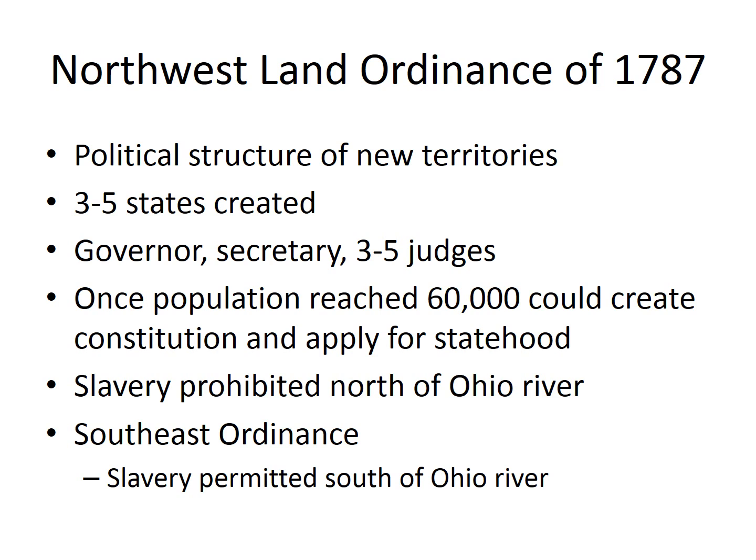This is the first time also that we're going to see slavery mentioned. Slavery will be prohibited north of the Ohio River, which is to say Pennsylvania and points north. And Ohio. Ohio will therefore not be allowed to have slavery in its constitution.